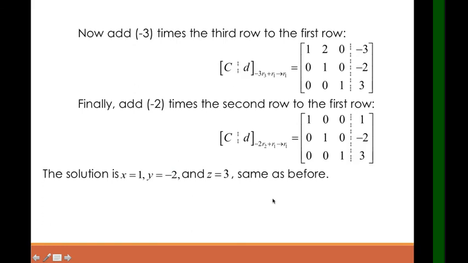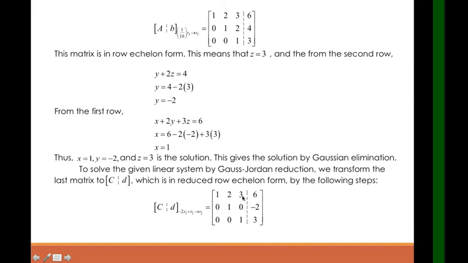Next, gawin nating 0 yung isa. Ito, 0. So, para mangyari yan, kailangan i-multiply natin ng negative 3 ito plus 3. So, ang ating magiging parang equation natin is C augmented to D, negative 3 R sub 3 plus R sub 1, which is equivalent to R1.